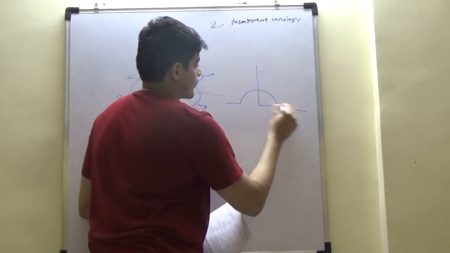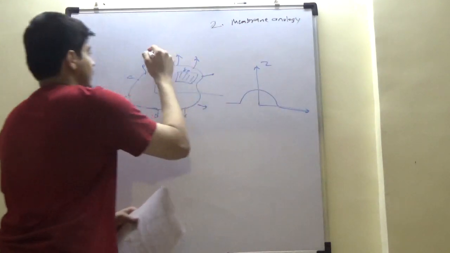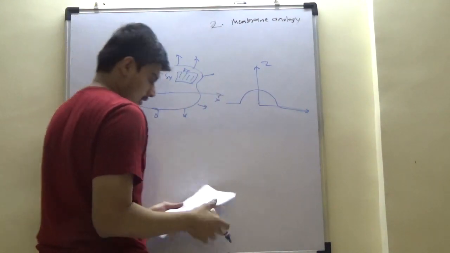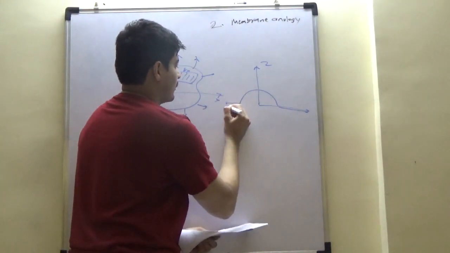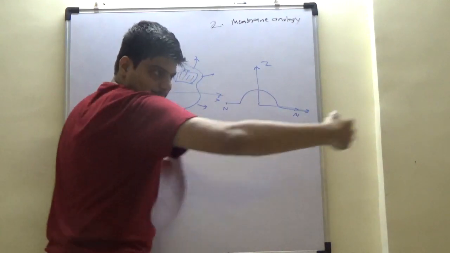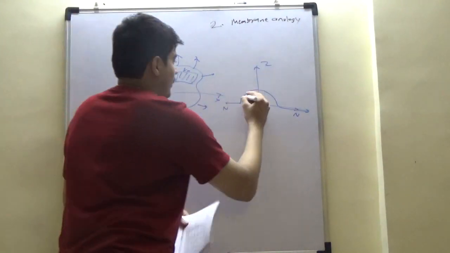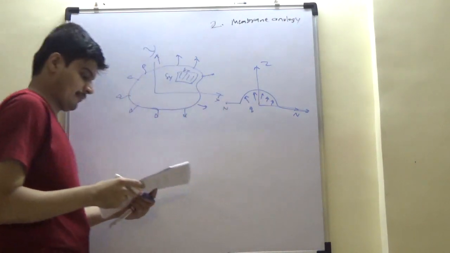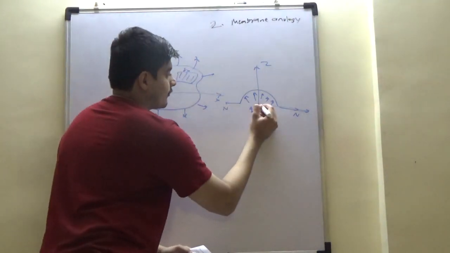In this xy axis, and the z axis here, the membrane looks something like this. These are the normal reactions, and these are the loads, Q, per unit load.